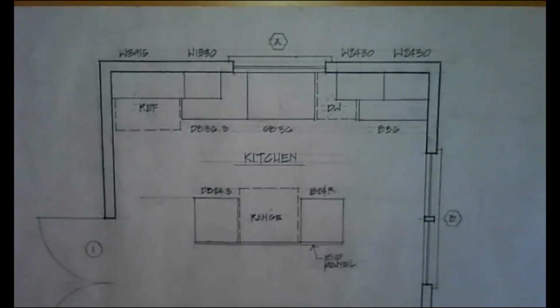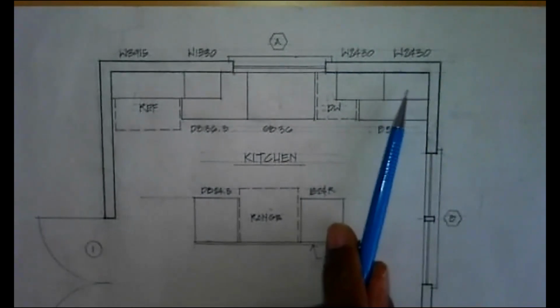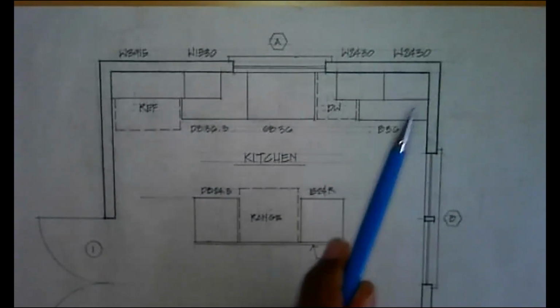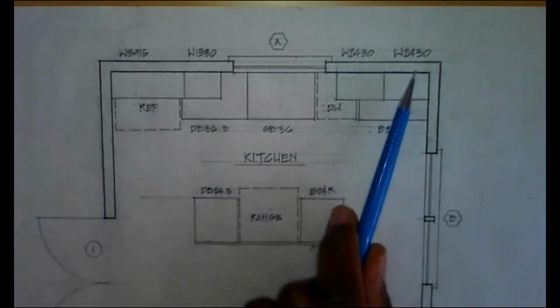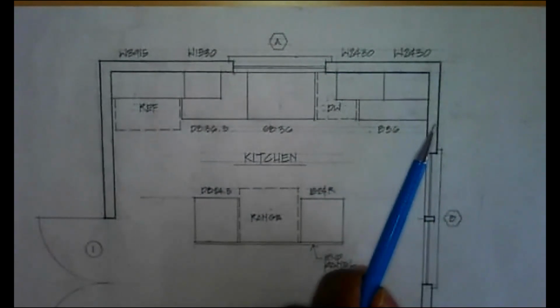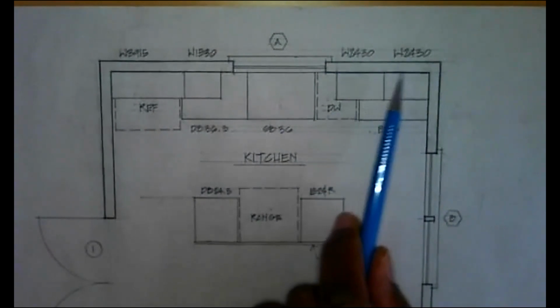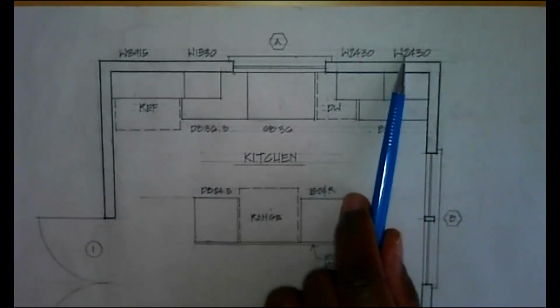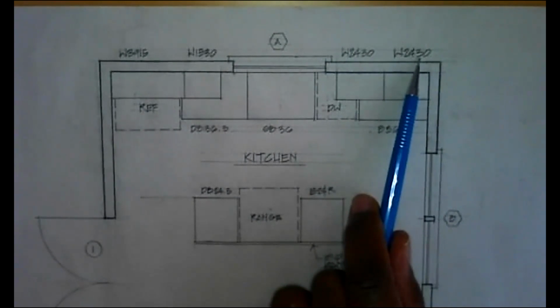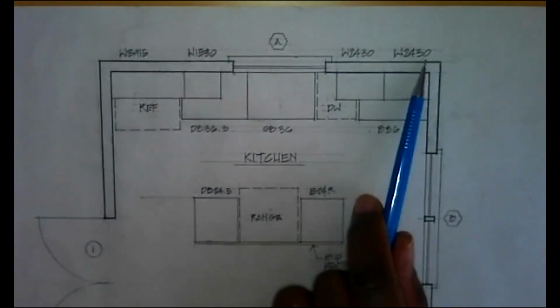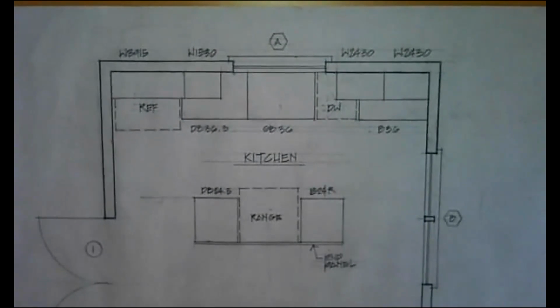I am going to start in this corner right here, and I'm going to place this wall cabinet here first, which is a W24 by 30. 24 is the width of the cabinet, and 30 is the height of the cabinet in inches. So that's where I'm going to start.